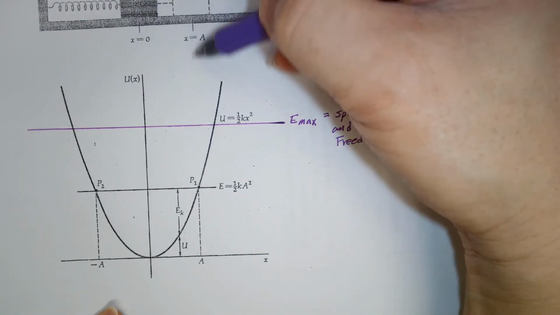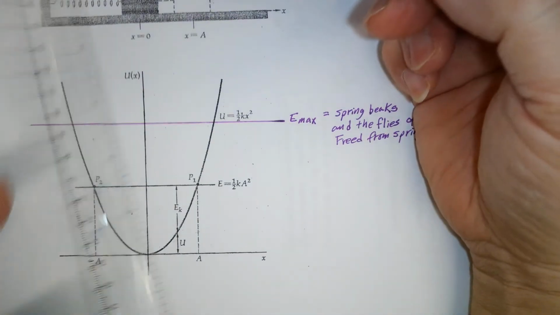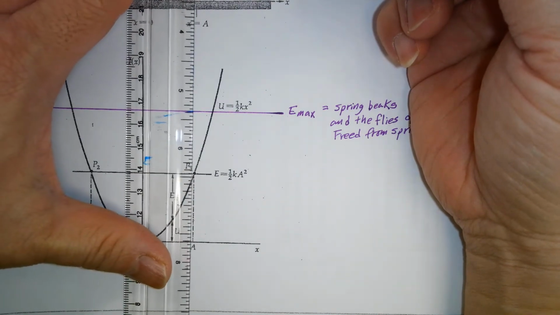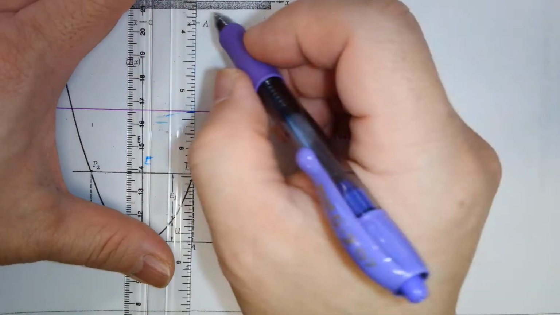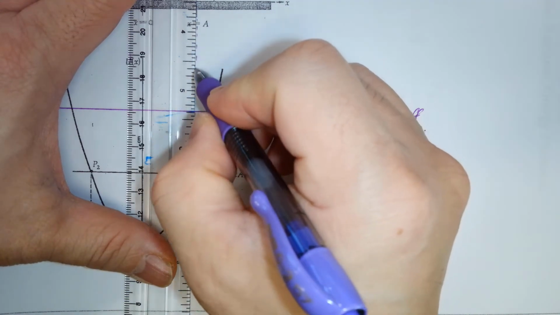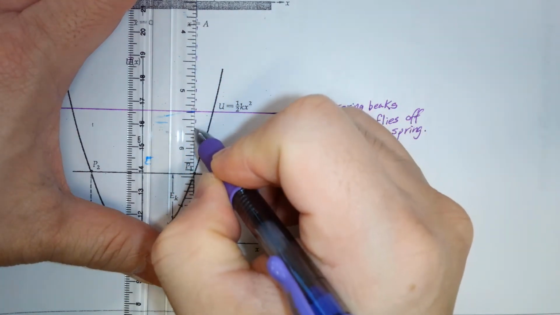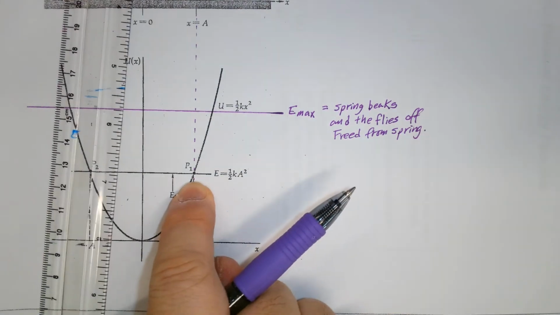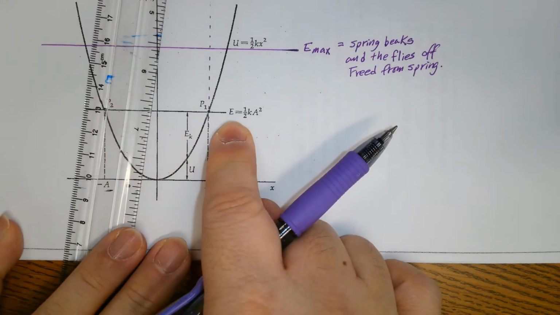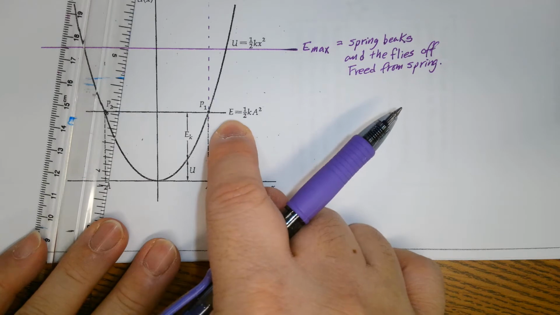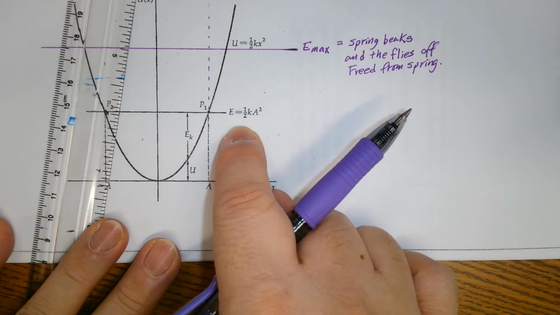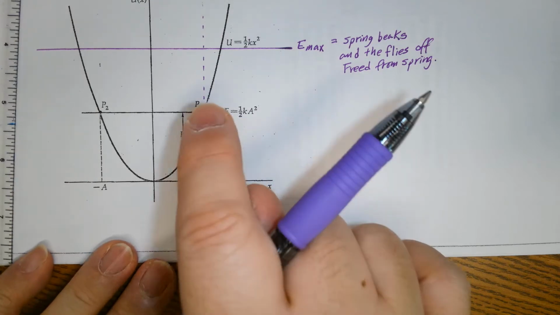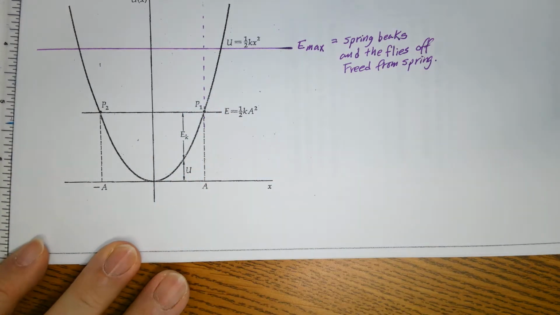This maximum position that we're going to actually use is called the amplitude, right? So at this point, the potential energy is basically the total mechanical energy that this system will possess.